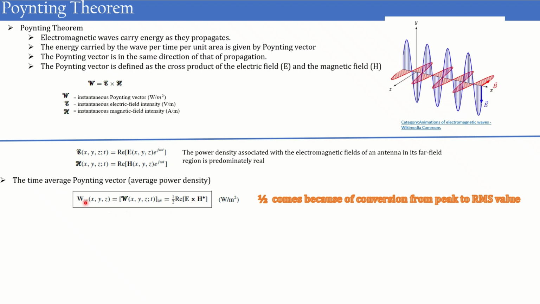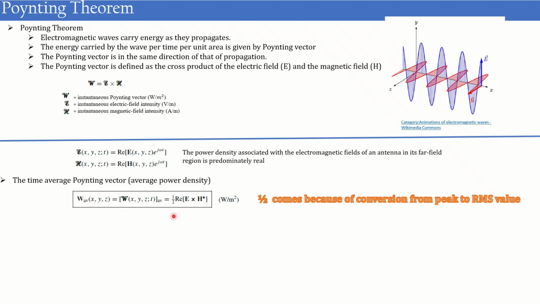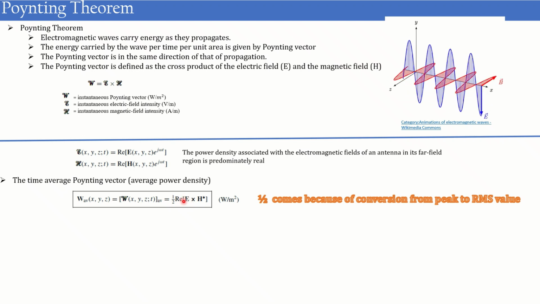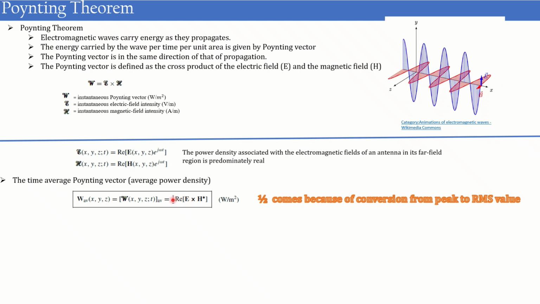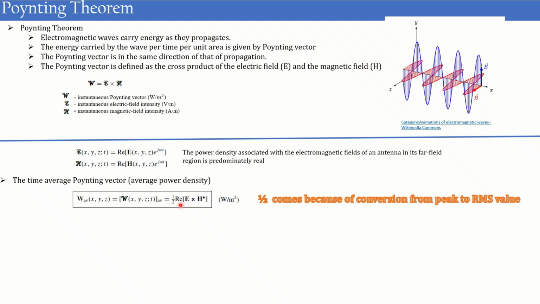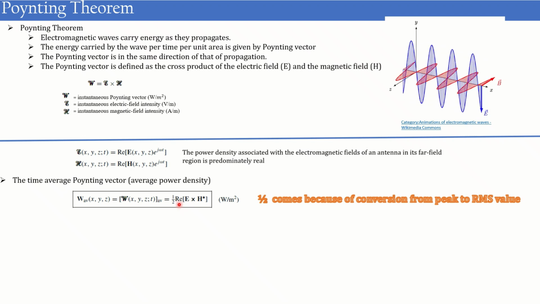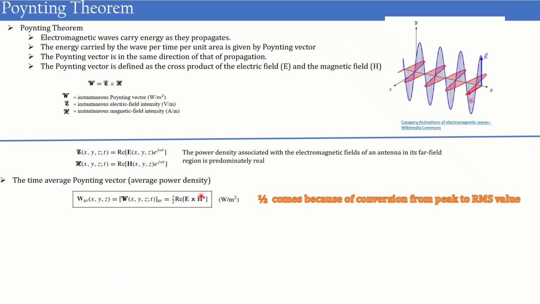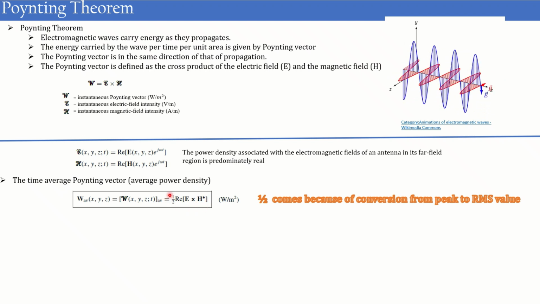So if we want to get an average power, we have added half because we have to convert the peak power to RMS power. Because if you want to convert peak to RMS, it is like E by square root of 2 and H by square root of 2. It will become half.